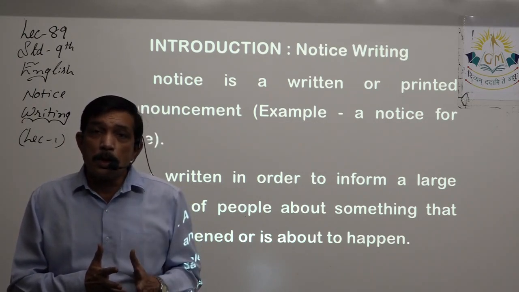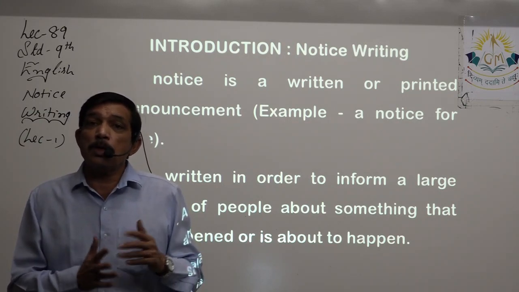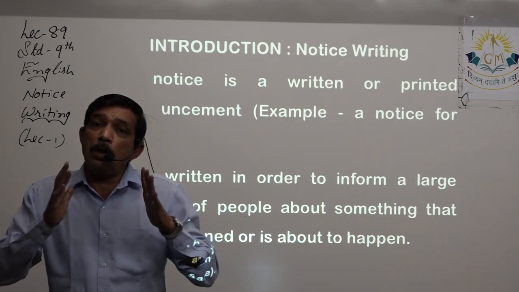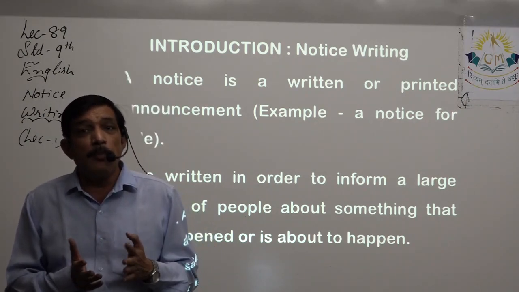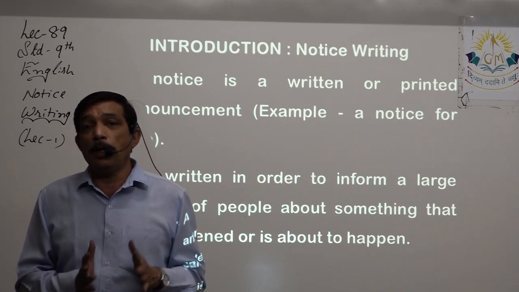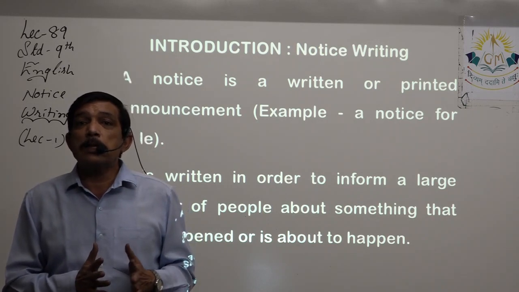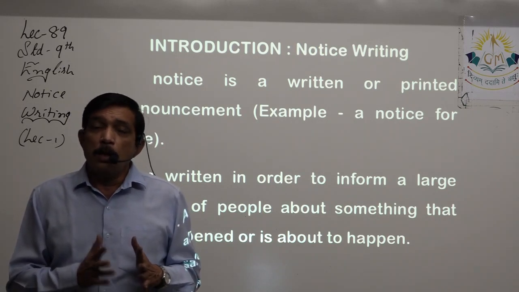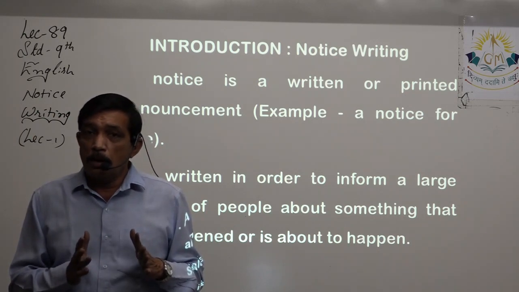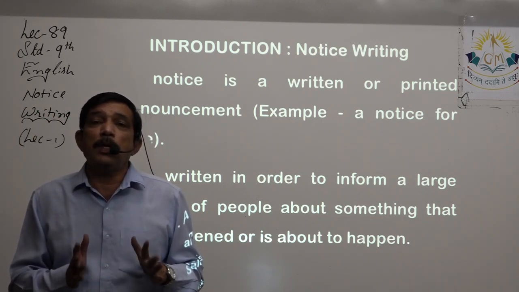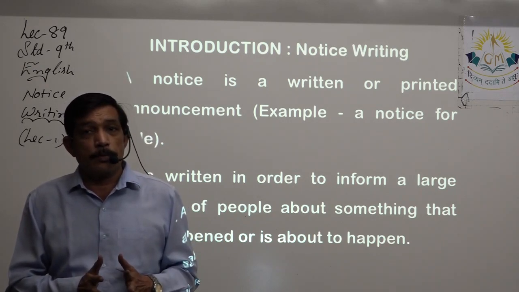So concentrate on the matter that is given to you, and then draft a notice and see to it that all the essential things you want to display, or the message that you want to convey, is properly conveyed over here. That makes the formation of sentences very important. The sentences used in notice writing will be very short, so that you can save space.